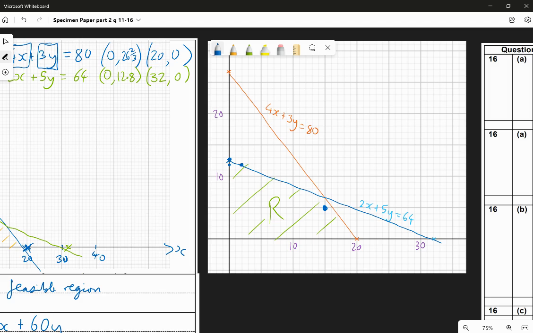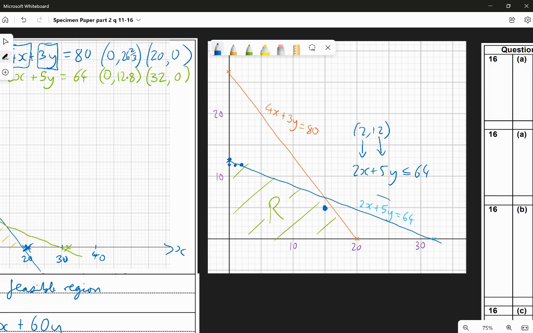I can check that by seeing whether (2, 12) works in the inequality 2x plus 5y is less than or equal to 64. So (2, 12) is better than (0, 12) and is better than (1, 12) because I will have more profit with the point (2, 12). x is 2, so 2x would be 4. y would be 12, 5y would therefore be 60. 4 plus 60 is 64, so that is less than or equal to 64.